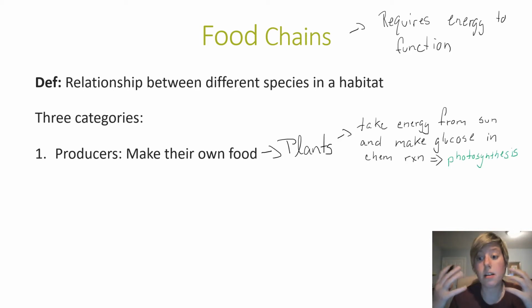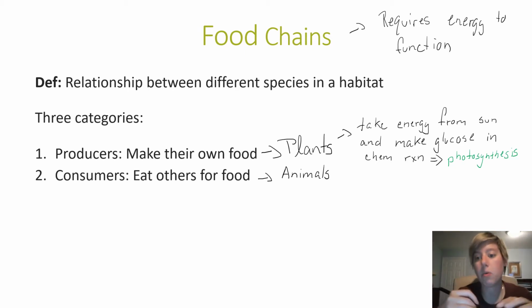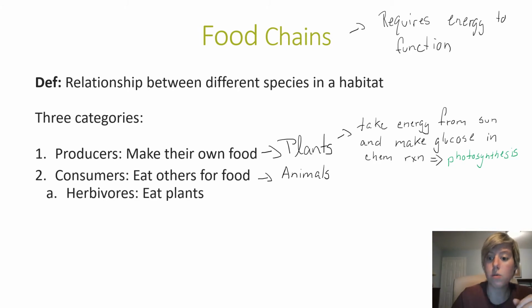Now, the second main group of organisms in your food chain are consumers. And those are anything that eat others for food, which by definition is your entire animal kingdom. Now, we can actually subdivide what our consumers are based on what they eat. So herbivores are things that only eat plants.